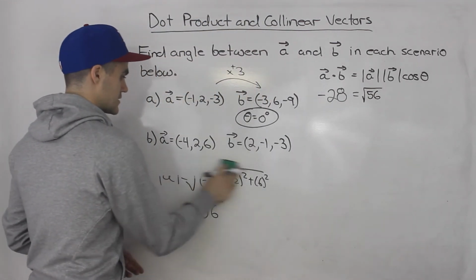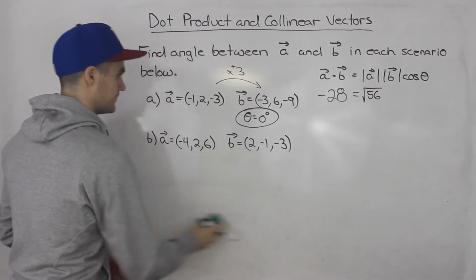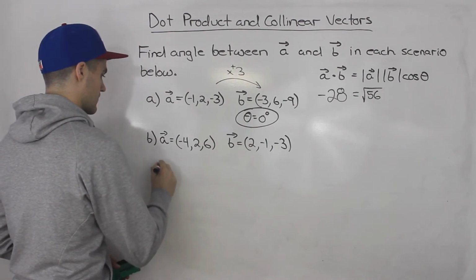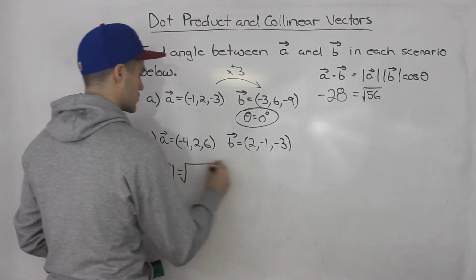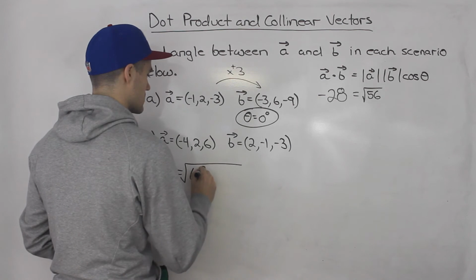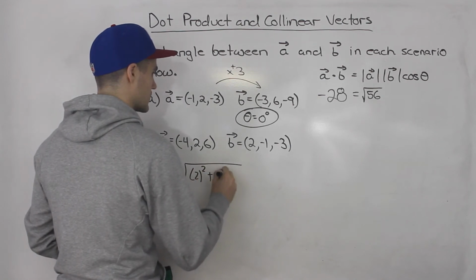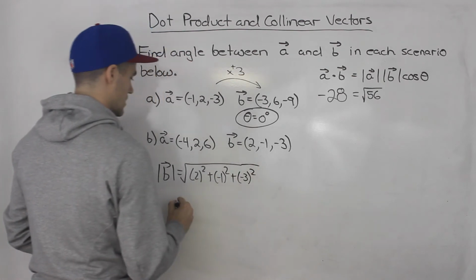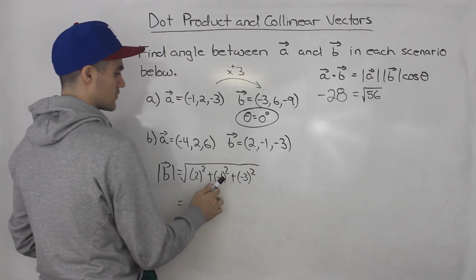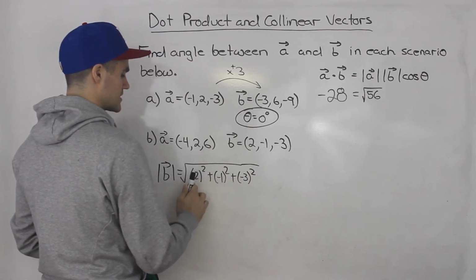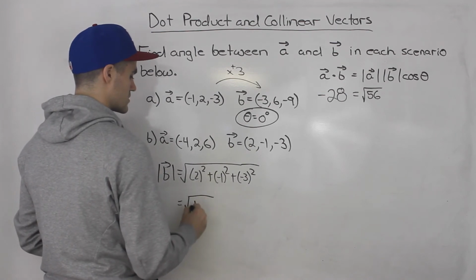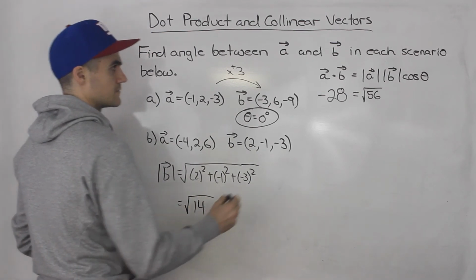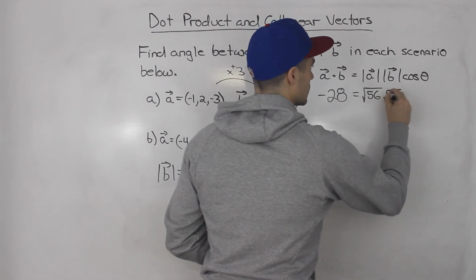And then let's do the magnitude of B. Square root of 2 squared plus negative 1 squared plus negative 3 squared. So we'd have 4 plus 1, 5, plus 9, square root of 14. So this would be the root of 14 here.